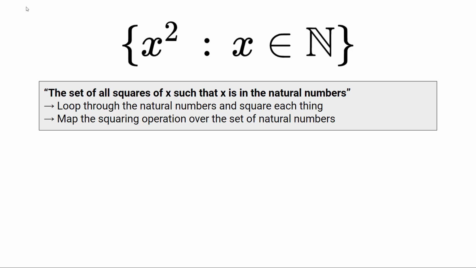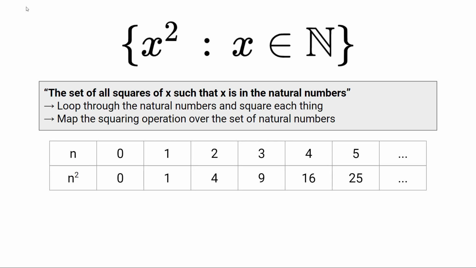It means loop through all the elements in this set after the colon and perform this process on them. Or in another programming metaphor, instead of using a predicate to filter out elements, we're using a computation and mapping the computation over a set. In this case, we're mapping the computation of squaring over the entire set of natural numbers, and that gives us this set in roster notation in the end.